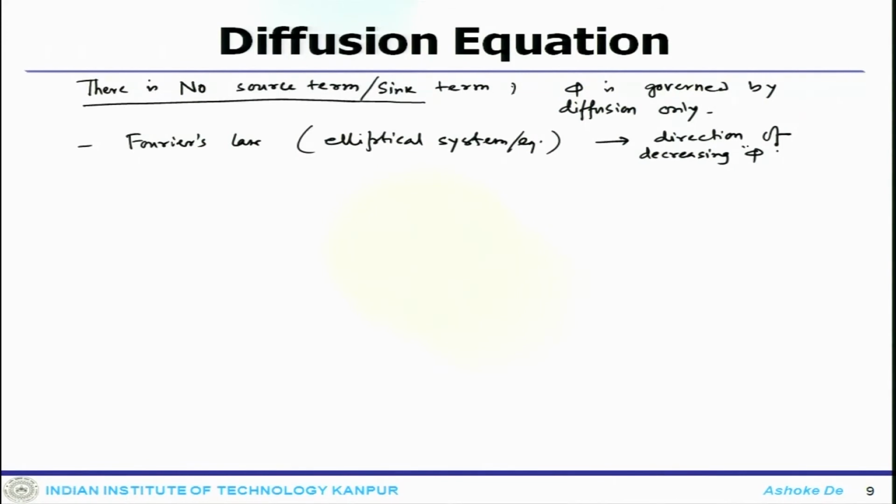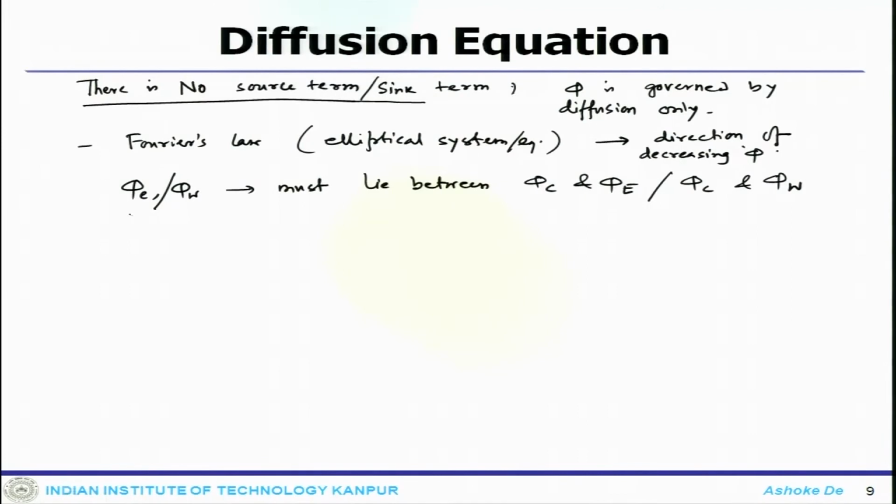So, phi is governed by only diffusion, and the values of phi E or phi W must lie between phi C and phi E, or phi C and phi W. Since it is a pure diffusion process without any source term, the surface variables would be lying between these two centroid values. Okay.